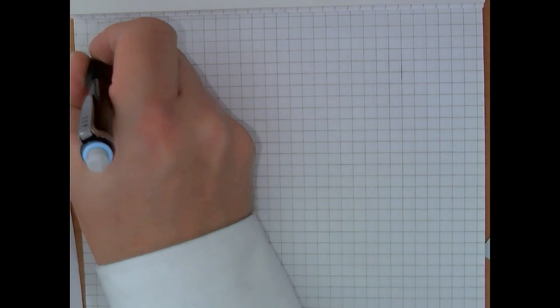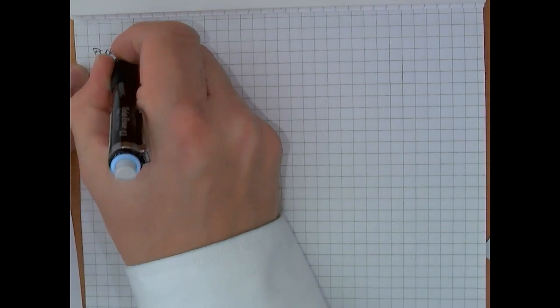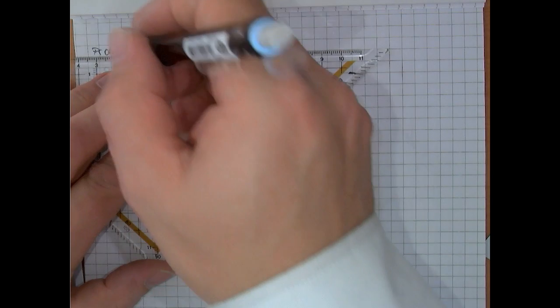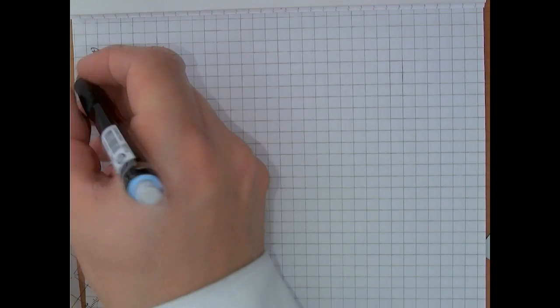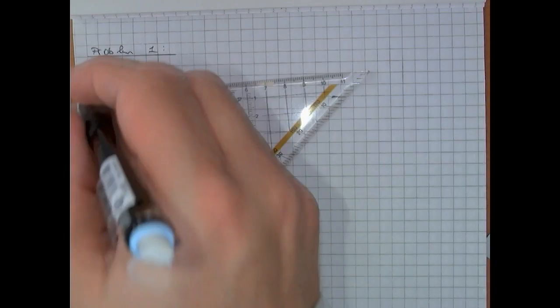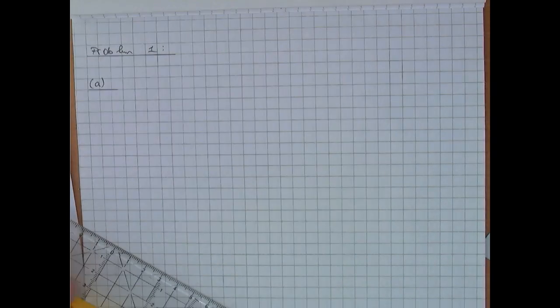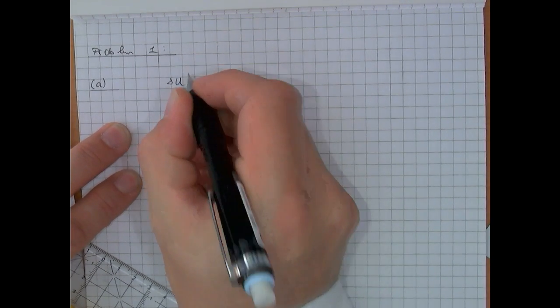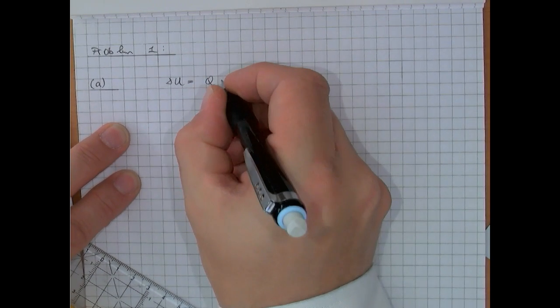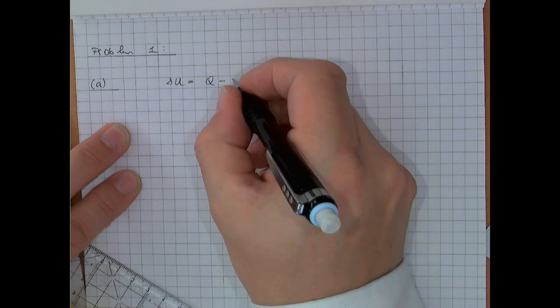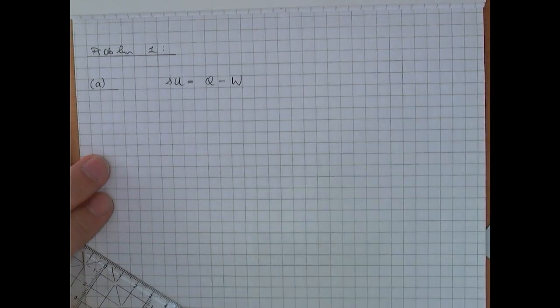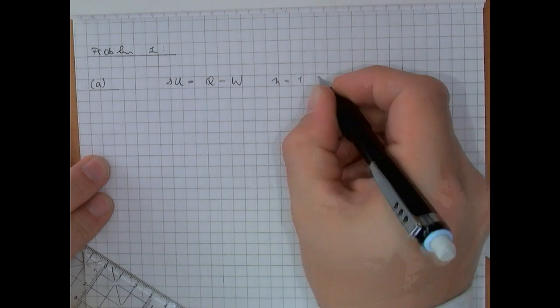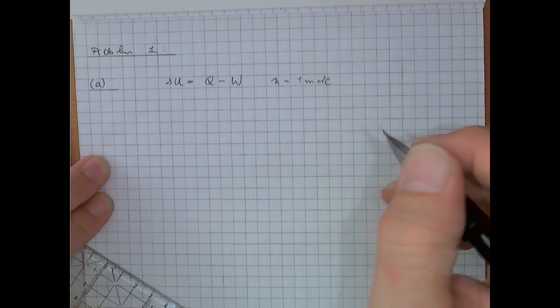So this is problem 1, part A. So let's first recall that the change in internal energy in integral form is the difference between heat and work, Q minus W. We have 1 mole of an ideal gas, which simplifies our work a little bit.